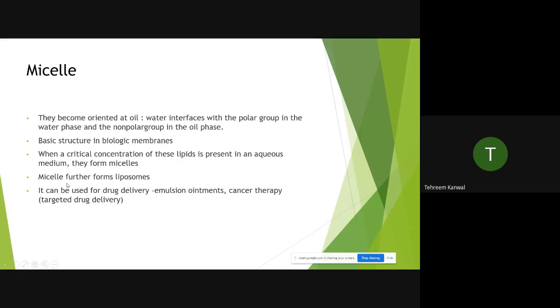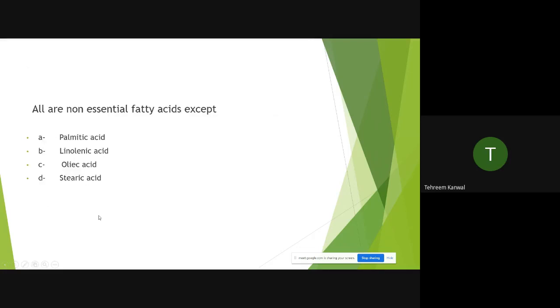Then micelles further form liposomes, and these liposomes are the packages which transport substances within the cell or outside the cell as well. They can be used for drug delivery, emulsions, ointments, cancer therapy, targeted drug delivery. These are all the functions performed by these micelles.